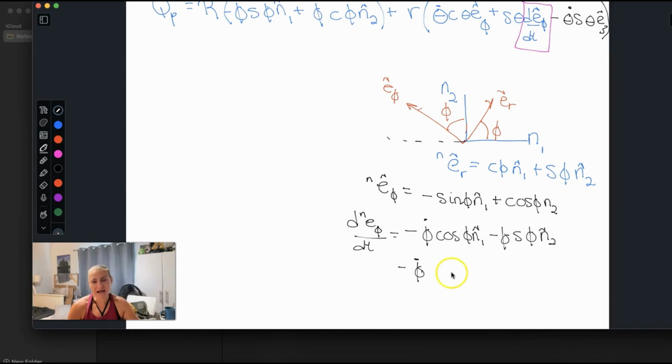So here we're going to factor out that phi dot: cosine phi N1, minus, but I factored out the negative, so it's a plus, sine phi N2.